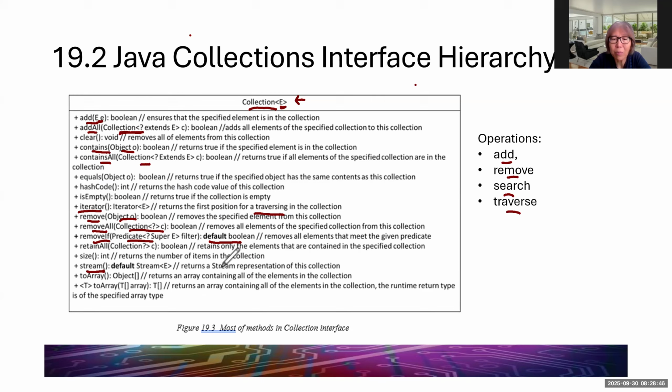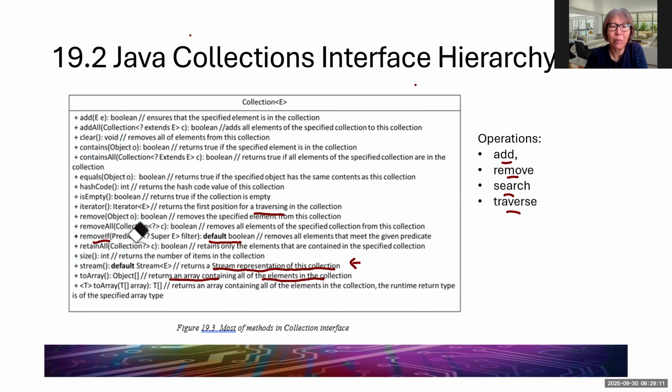So then it will return a string representation of the collection, and it's quite useful for this. Okay, it also supports conversion, toArray, to return an array containing all of the elements in the collection. We can see it's quite useful.